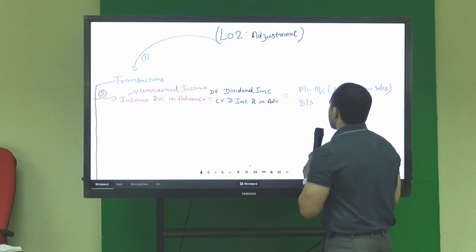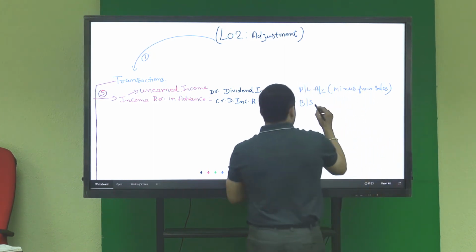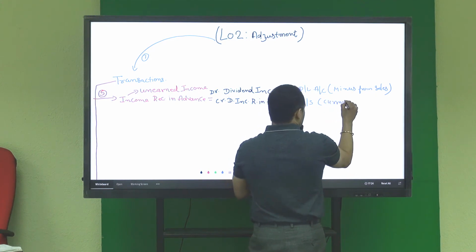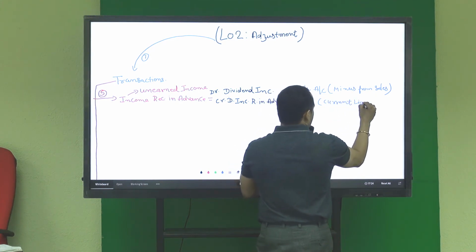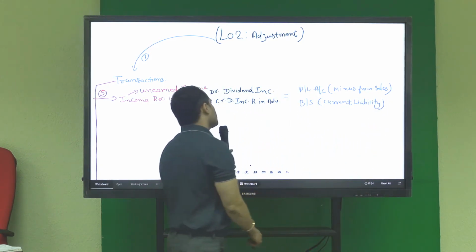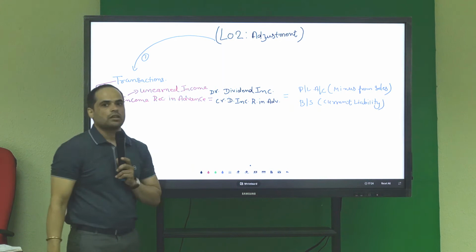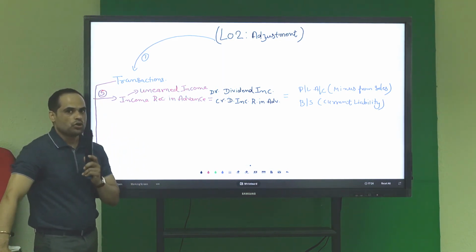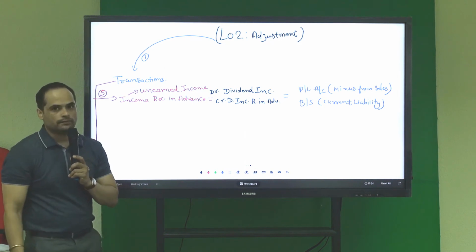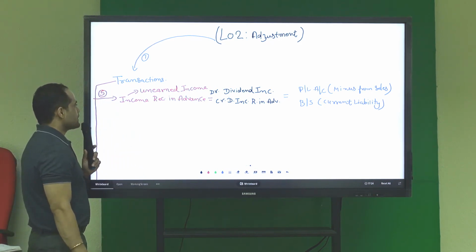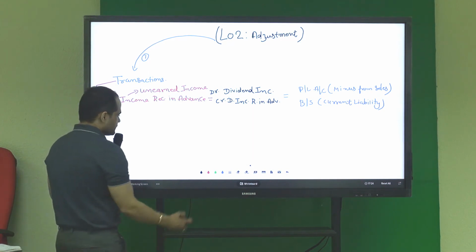And in the balance sheet it will be treated as a current liability, because you haven't earned it yet. You have an obligation to perform the duty. So that's called income received in advance.